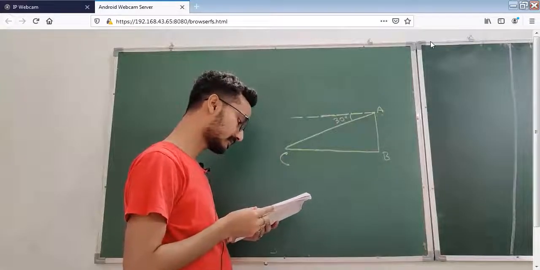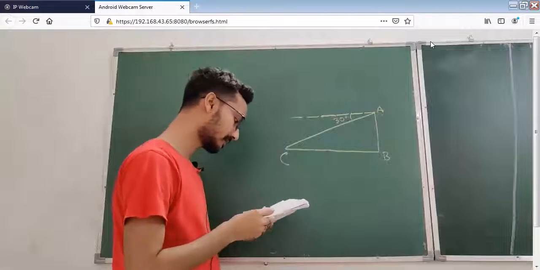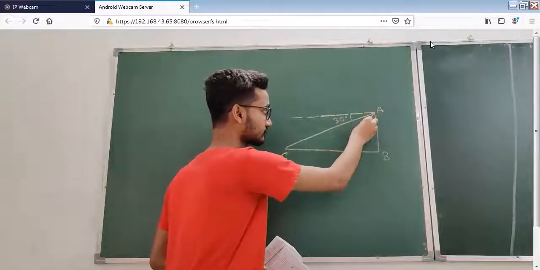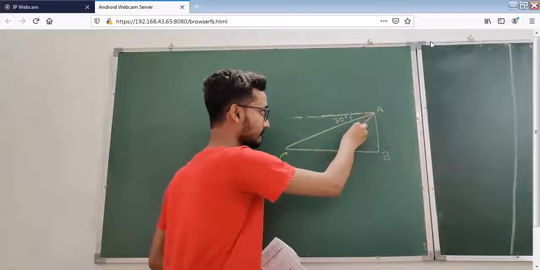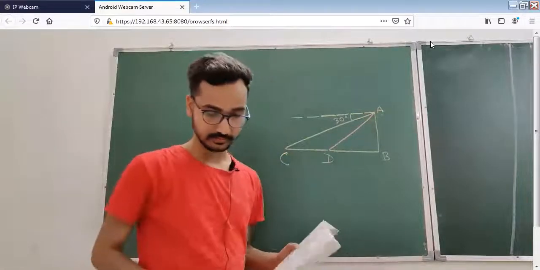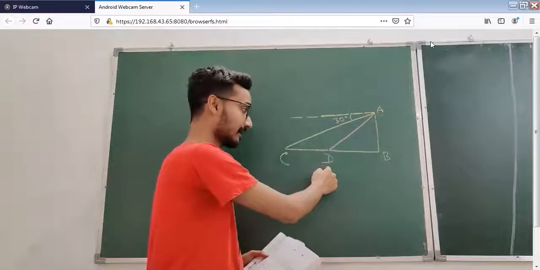Now 6 seconds later, the angular depression of the car is found to be 60 degrees. Suppose D is the position of the car after 6 seconds.